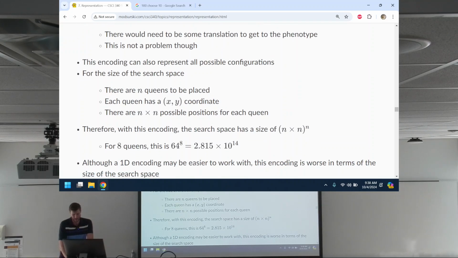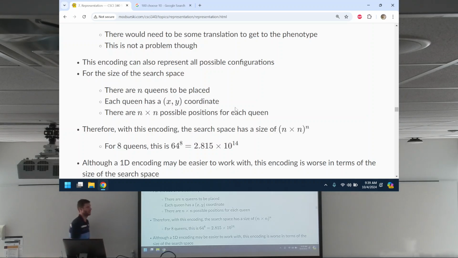For the size of the search space, there are n queens to be placed. Each queen has an xy coordinate, and there are n by n possible positions for the queen. Therefore, with this encoding, the search space has a size of n times n to the n.